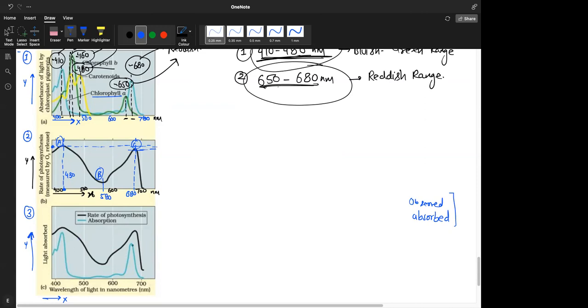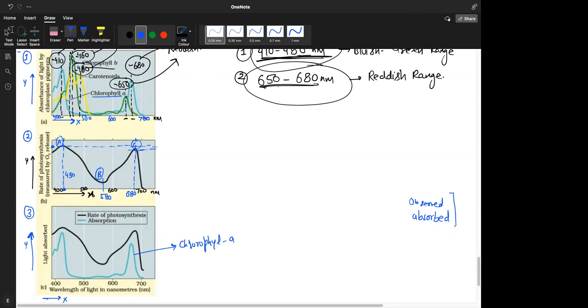Can you see this blue line is a copy of some other blue line somewhere in the graph? This blue line is the line for chlorophyll A taken from here. Can you see that? Yes, sir.